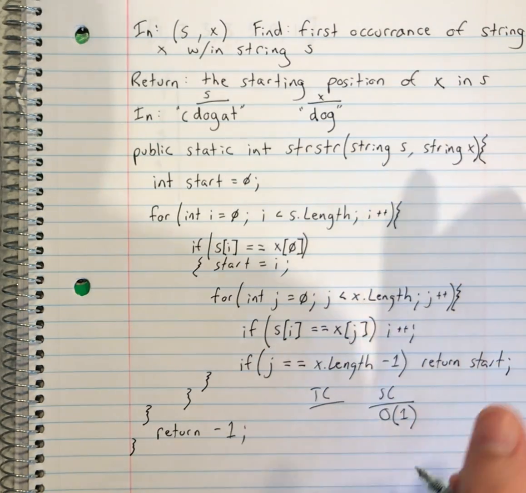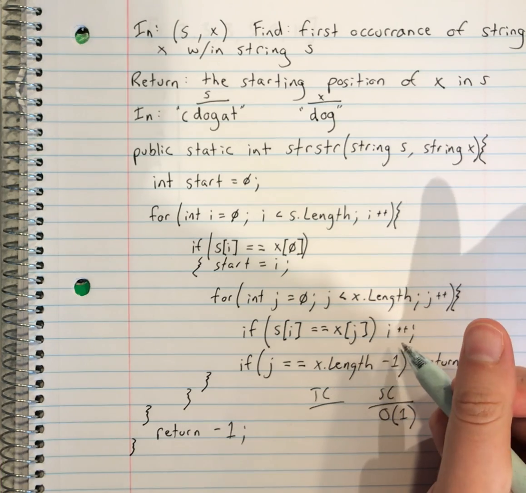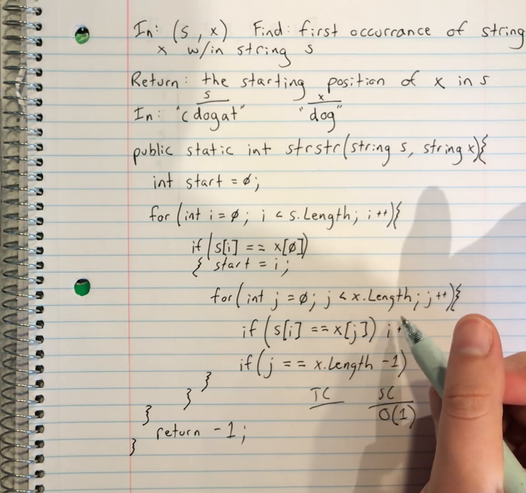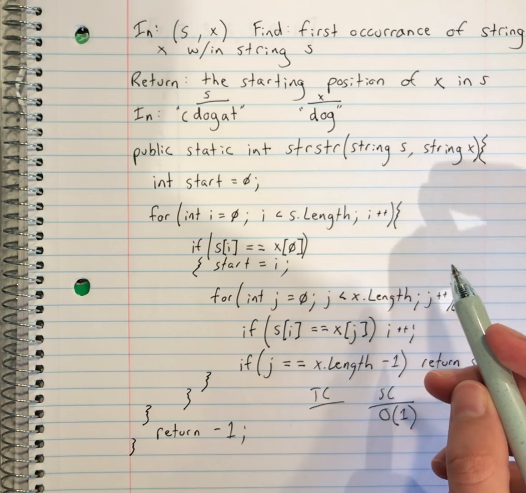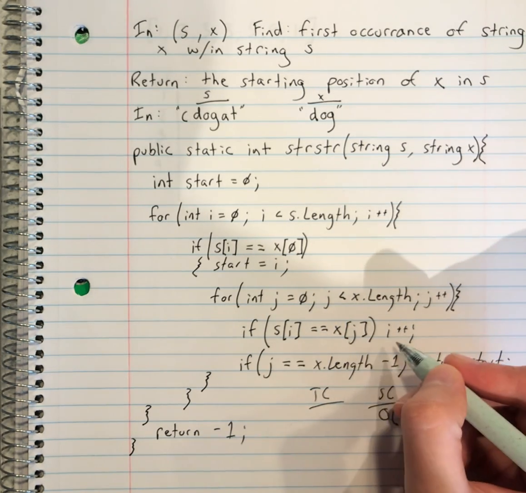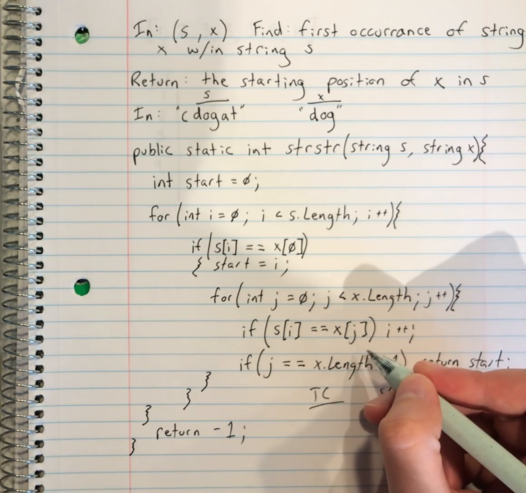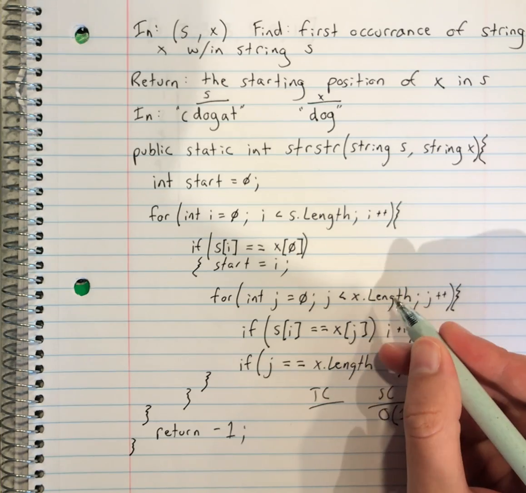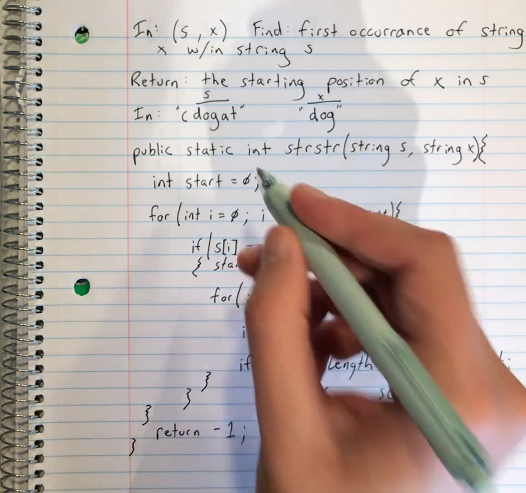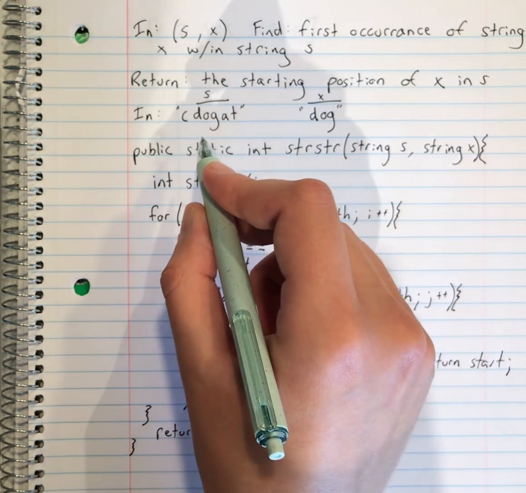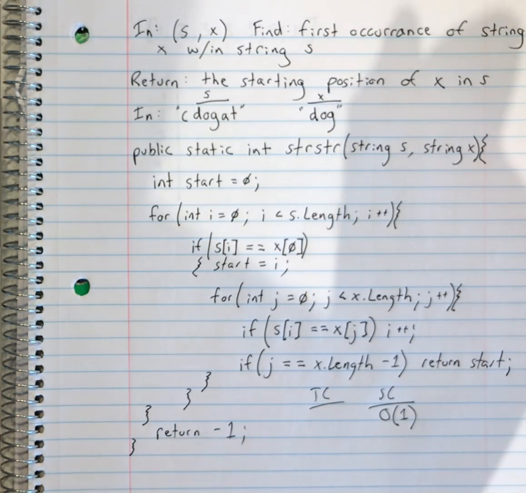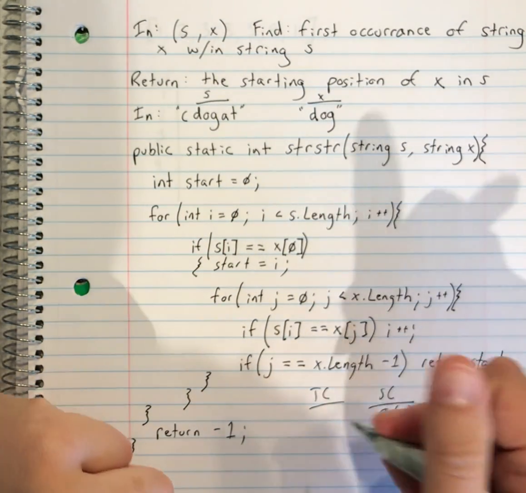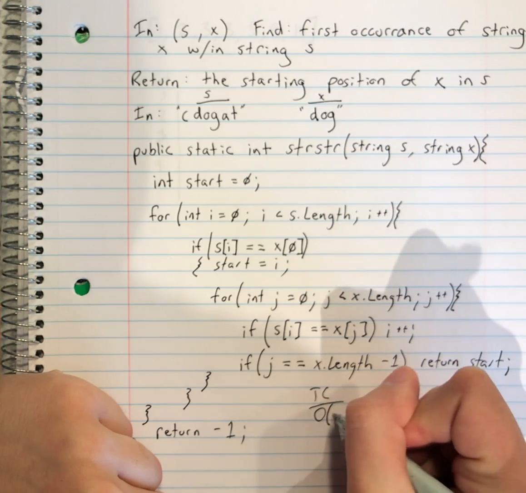So what I've done is super cool in that I'm incrementing i along with checking j. So that means we're only going through every element of s once. So if n is the number of elements within s, our time complexity is big O of n.